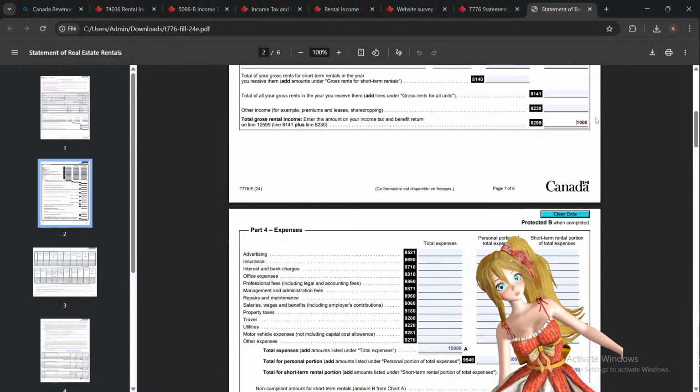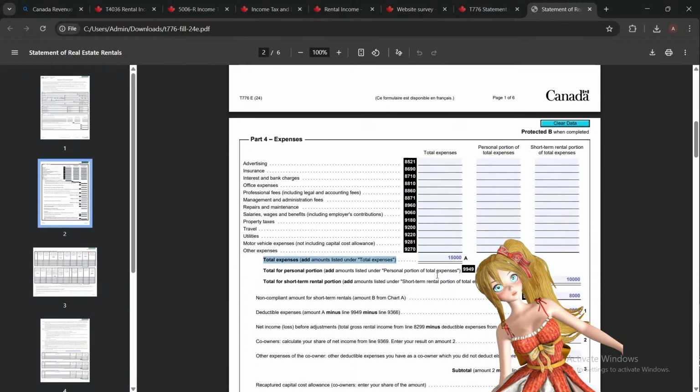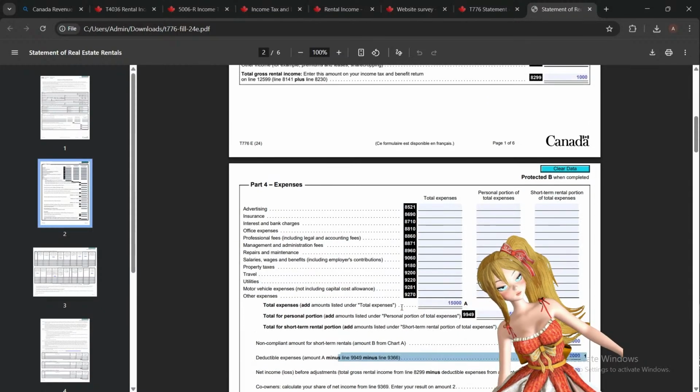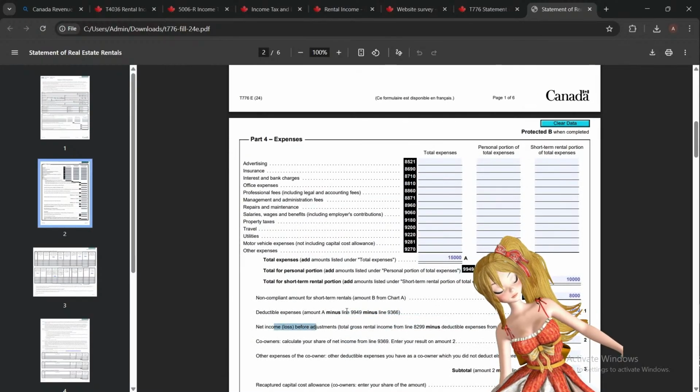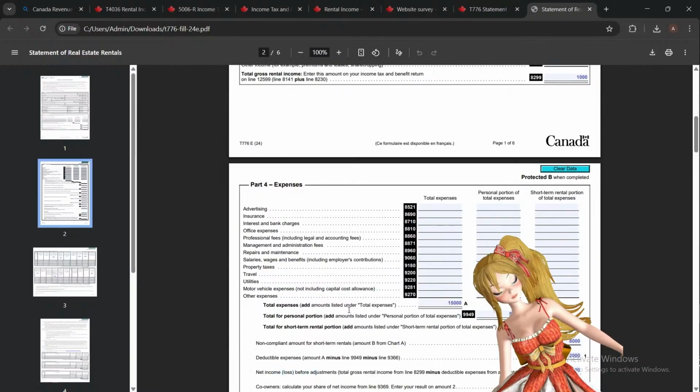So what if it was the income minus the expense? Like, why is the non-compliant amount there? Shouldn't the non-compliant amount lower my profit? I don't get it. This part doesn't make sense.